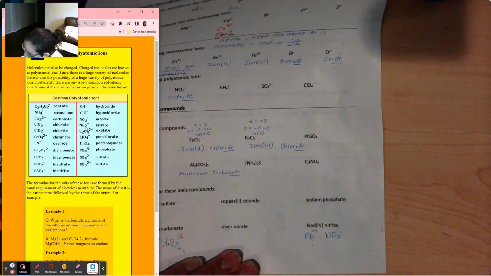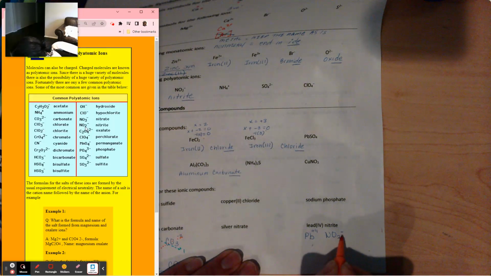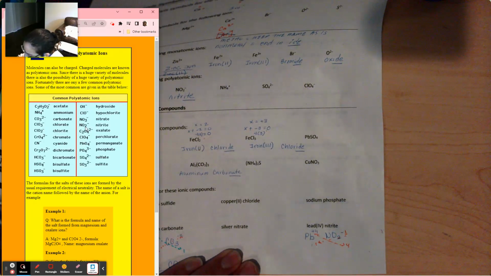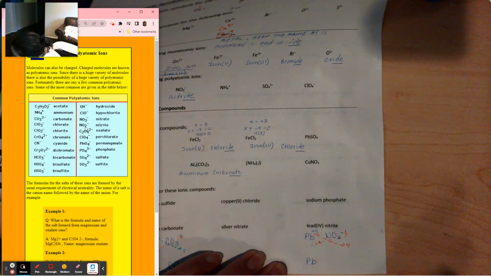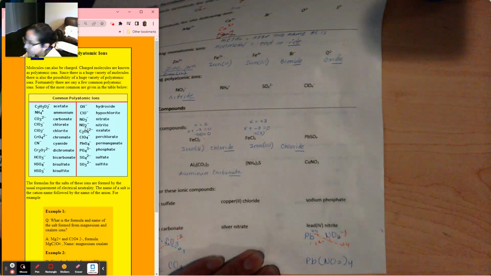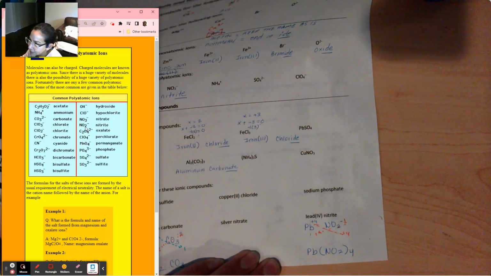So I'm going to apply that crisscross method. So this was a -1, so I'm going to bring that 1 down here. And this is a +4. I'm going to bring the 4 down here. I don't bring the charge, I just bring the number. So this is lead. I only need 1. And my nitrite, I need 4 of these molecules. So lead nitrite.